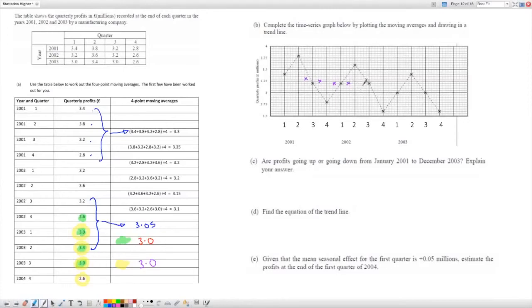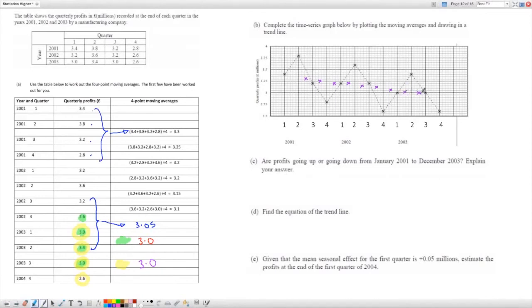Then down to 3.15. Then 3.1. And then 3.05 there. Then down again to 3 here, and lastly again 3 here.